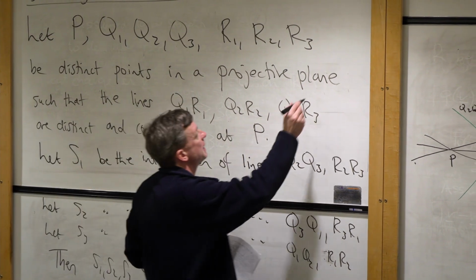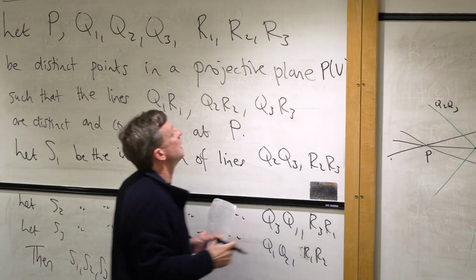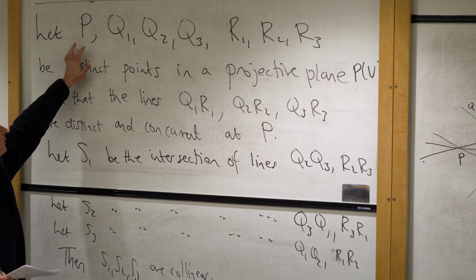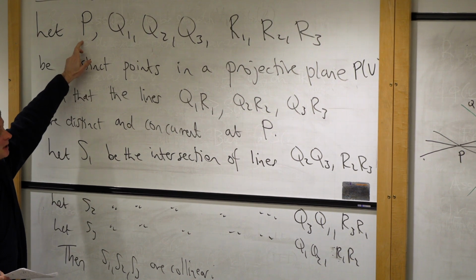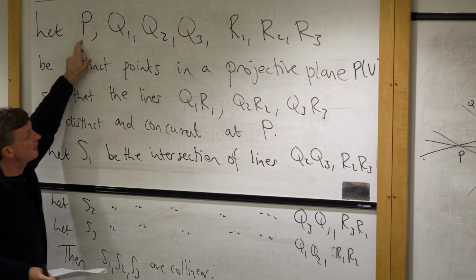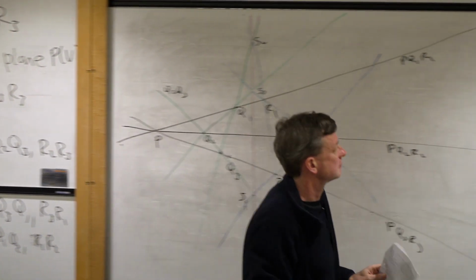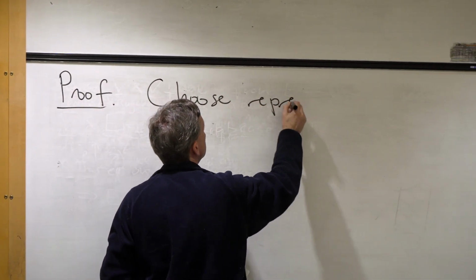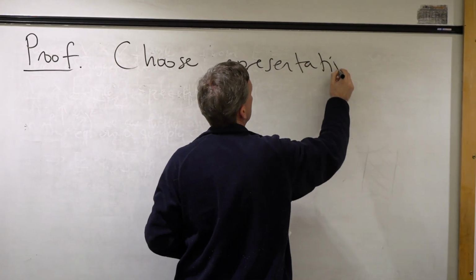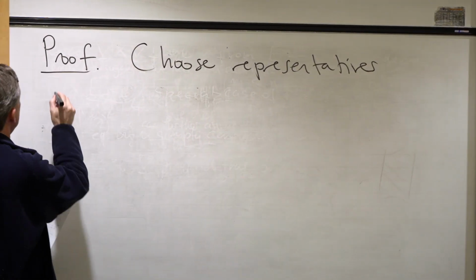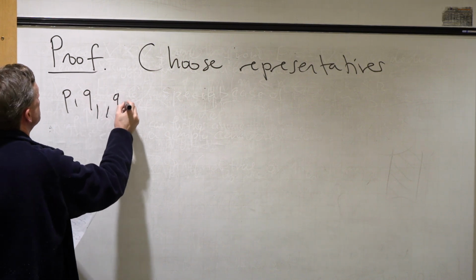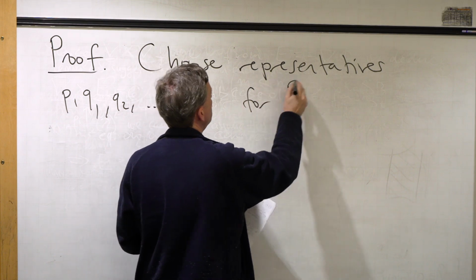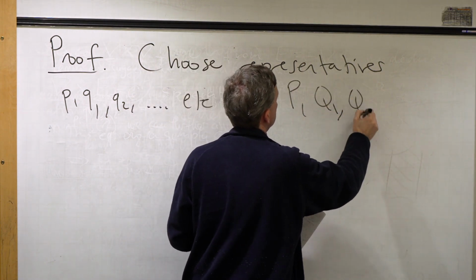Let's call this projective plane P of V. And we're going to choose representatives for them, non-zero vectors, which are bases for these one-dimensional lines, representatives for them in the vector space big V. So we're going to choose representatives small p, small q1, small q2, and so on, for the points big P, big Q1, big Q2, and so on.